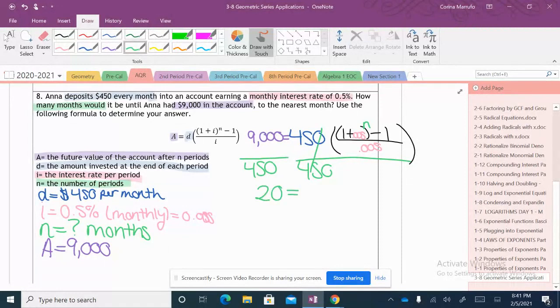So 20 equals, okay, now I have this 0.005 in the denominator, minus 1. We have this to the n power. I'm going to add these two numbers together, the 1 plus 0.005, and that gives me 1.005. Now my next step is to get rid of this 0.005 in the denominator. So the way that we do that is by multiplying both sides by 0.005.